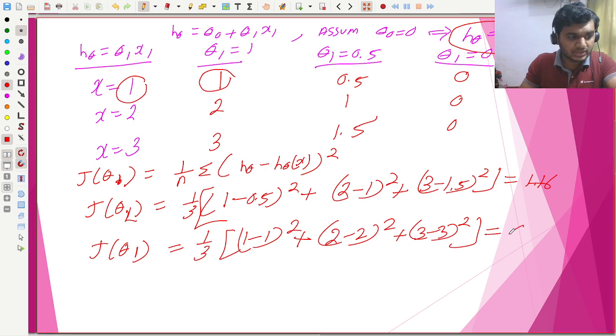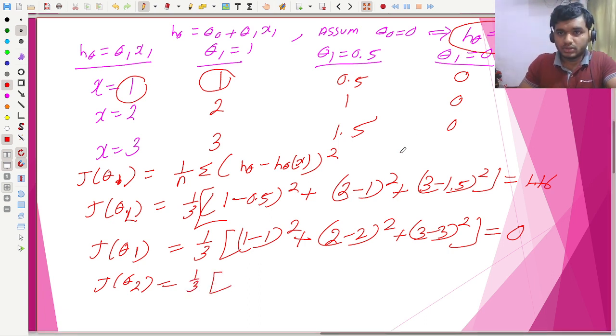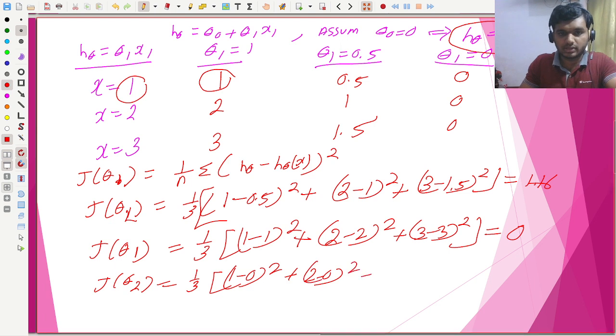This value is 0. If you calculate J of theta 2, that is 1 by 3 into theta 0, that is (1 minus 0) whole square plus (2 minus 0) whole square plus (3 minus 0) whole square. If you calculate this value, that is 4.66.